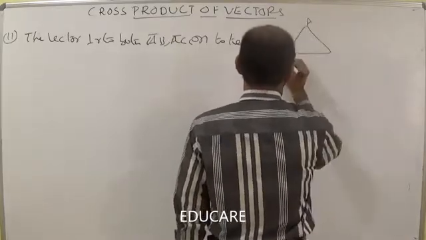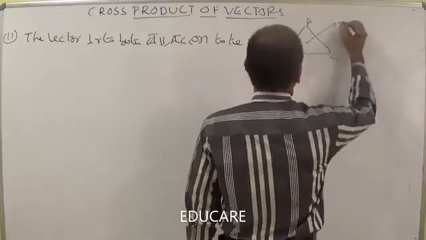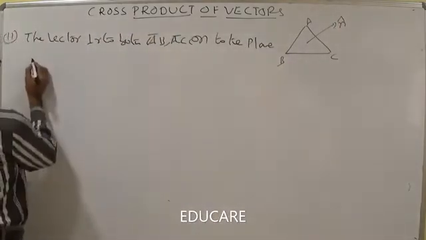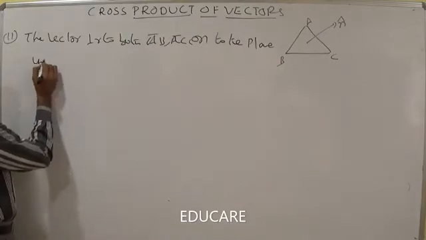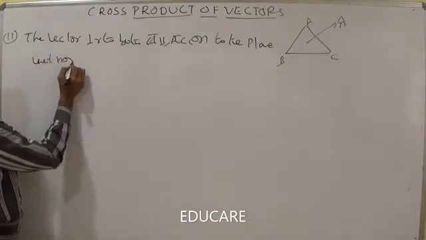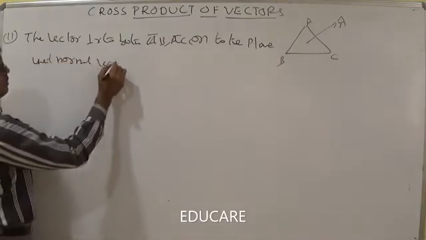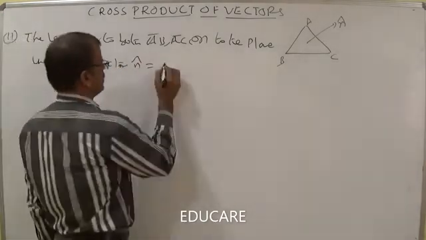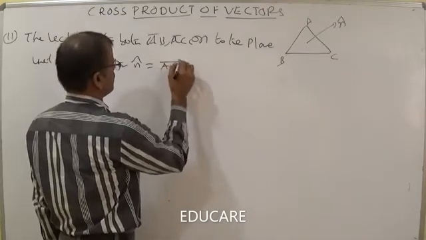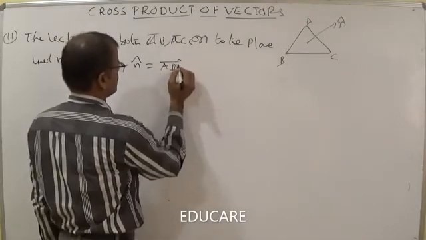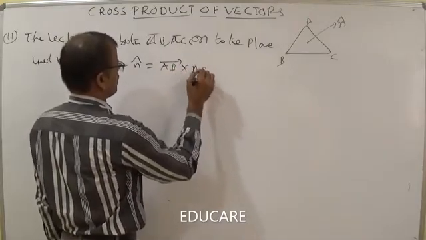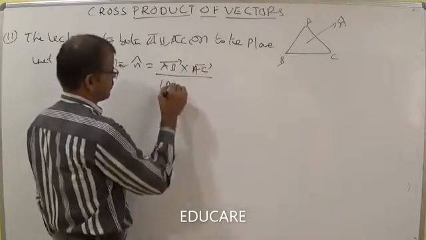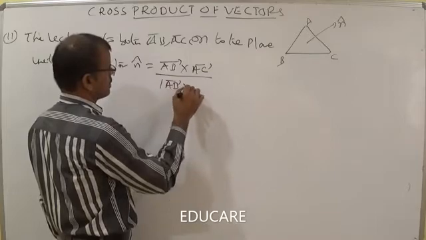This is A, this is B, this is C, and this is n cap. So I am discussing the unit normal vector. The unit normal vector n cap is equal to AB cross AC divided by the modulus of AB cross AC.